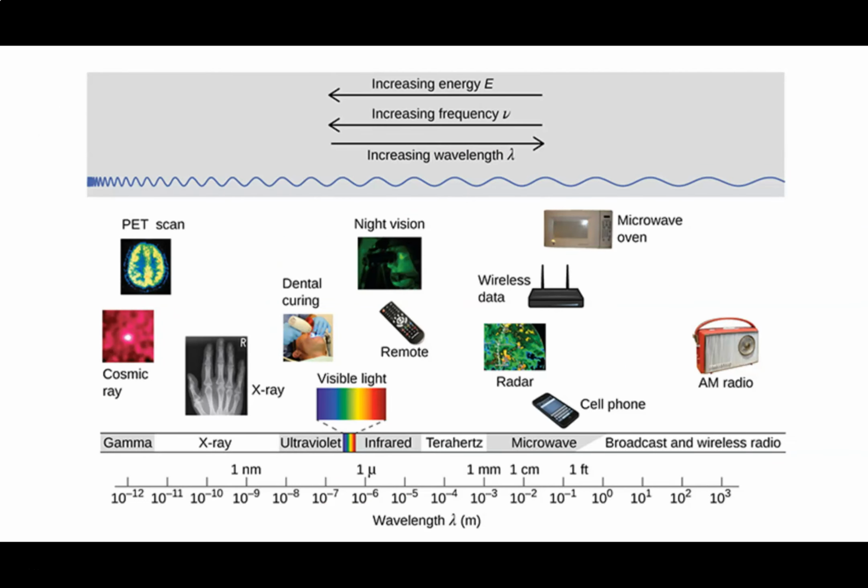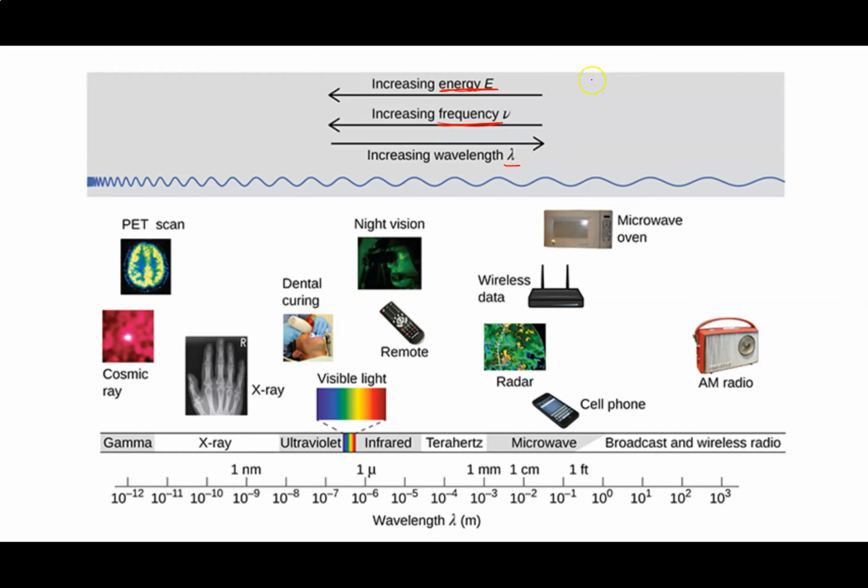Okay, so how are wavelength, frequency, and energy of light related to one another? The important thing to realize is that the energy of light increases with the frequency, but the wavelength of light increases as the energy and the frequency decrease.